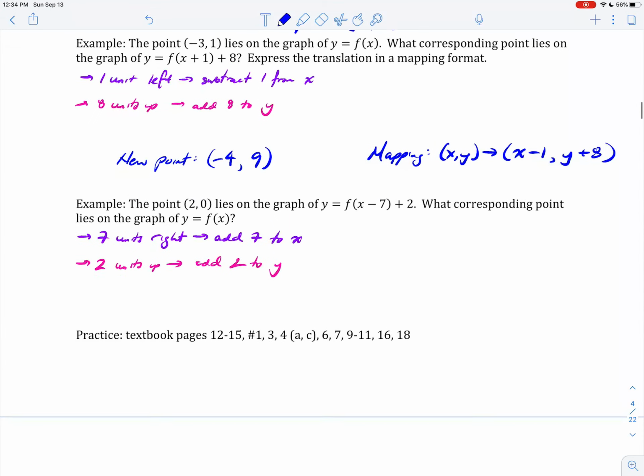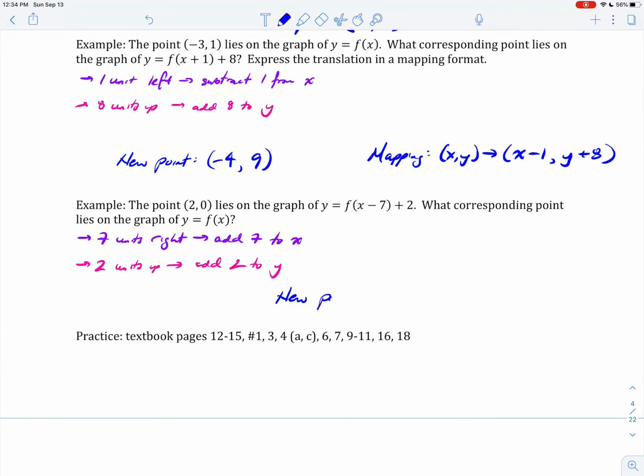Whoa, slow down there. So we're adding 7 to X, adding 7 to 2 gives us 9. We're adding 2 to Y, adding 2 to 0 gives us 2. Boom, that's done. There is some practice listed at the bottom here.